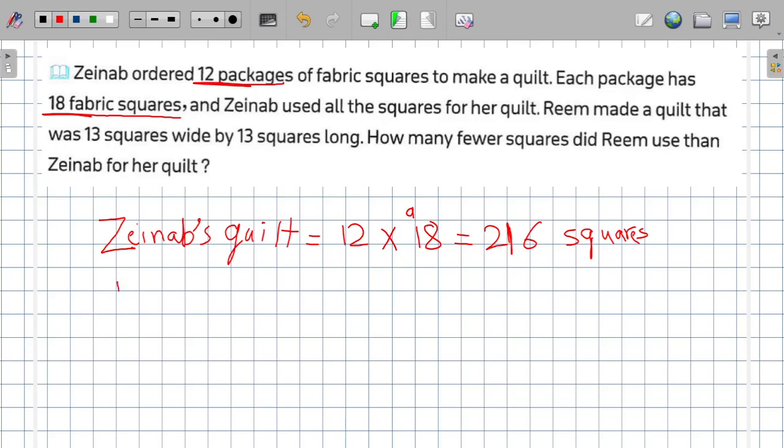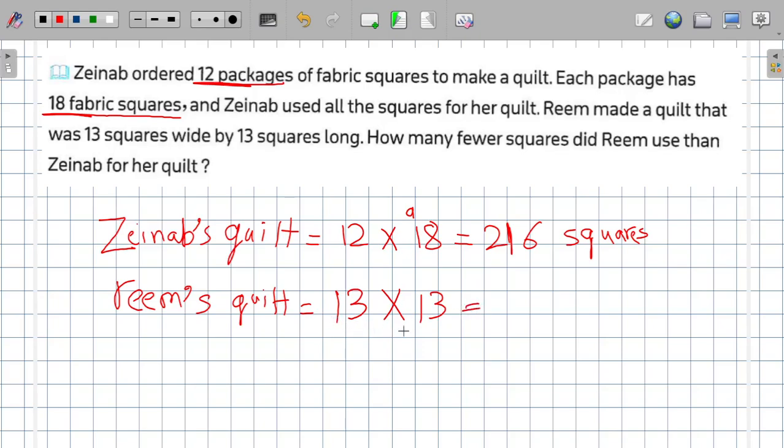Okay, but Reem's quilt was 13 squares wide by 13 squares long. So I will multiply the number of squares wide by the number of squares long.